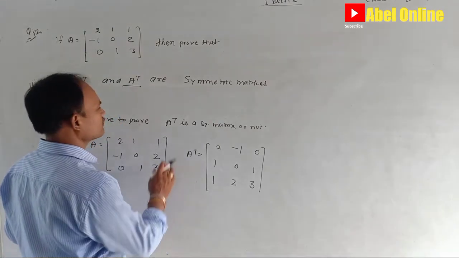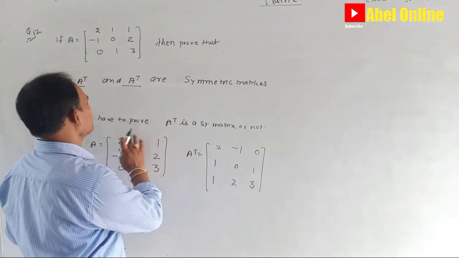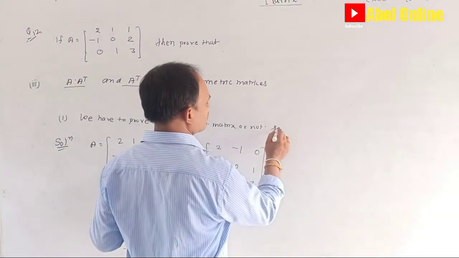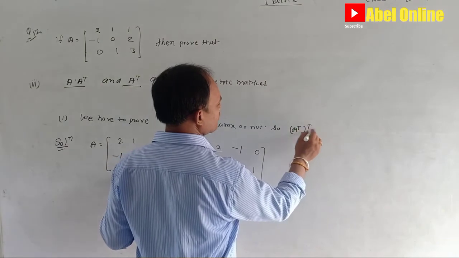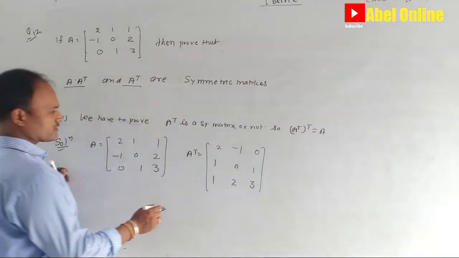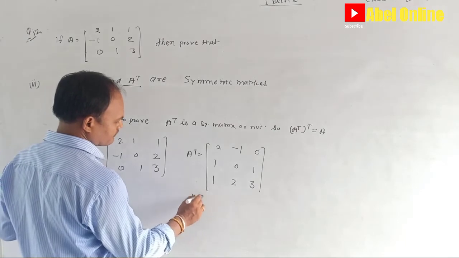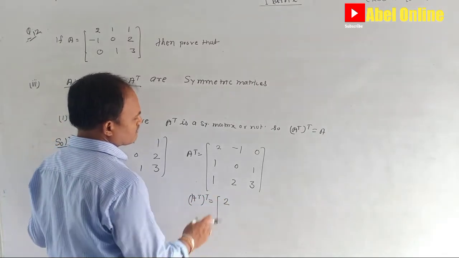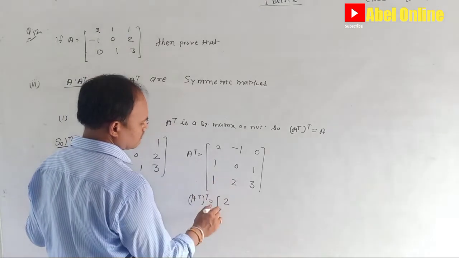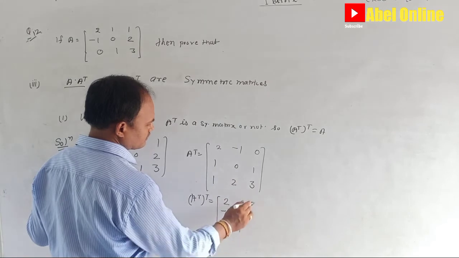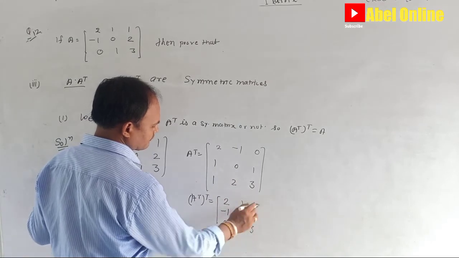Now, A transpose to the transpose. We have to prove that A transpose is a symmetric matrix. So A transpose to the transpose should equal A. Its transpose is 2, minus 1 0, 1 0 1, 1 2 3.